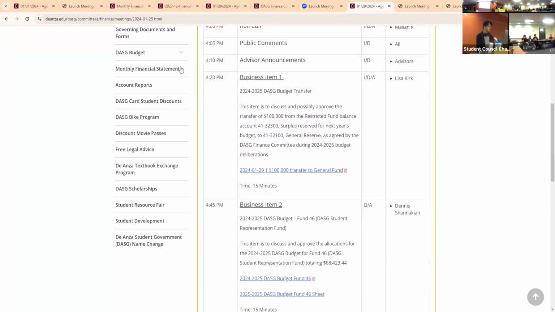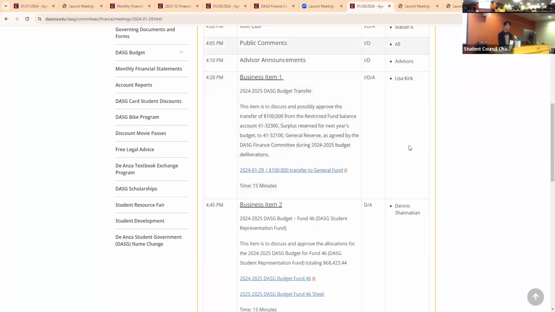Okay, if not, then moving on to business item 1, 2024-2025 DASG budget transfer. This item is to discuss and possibly approve the transfer of $100,000 from the restricted fund balance account 41-32300 surplus reserve for next year's budget to 41-32100 general reserve, as agreed by the DASG Finance Committee during the 2024-2025 budget deliberations.